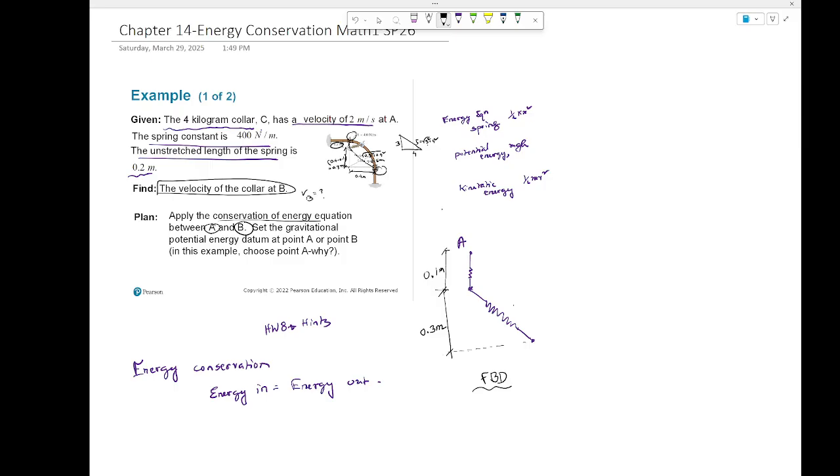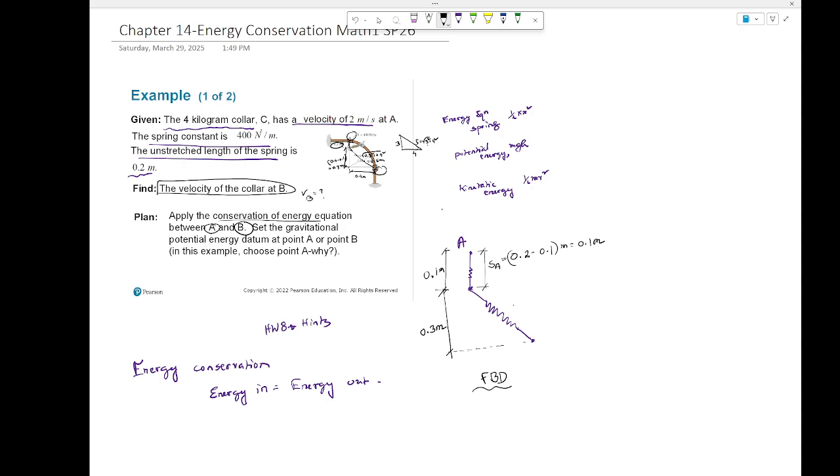So this one you can say is SA, which is 0.2 minus 0.1, so 0.1 meter. That's the amount of stretch that happened on the spring, right? The spring in a stretched condition is 0.2.